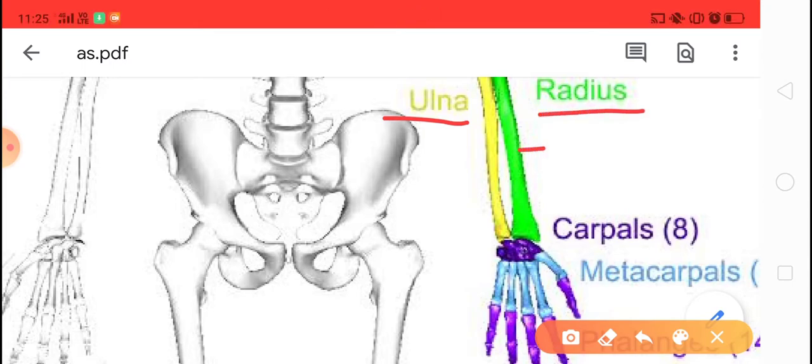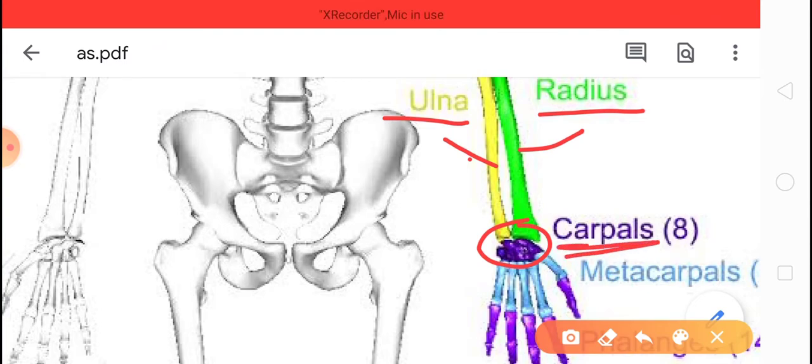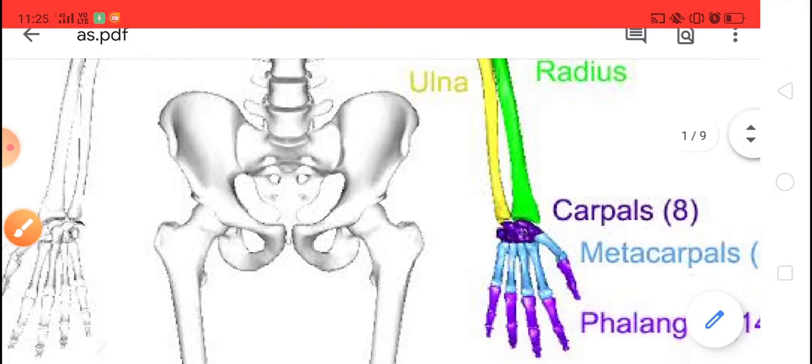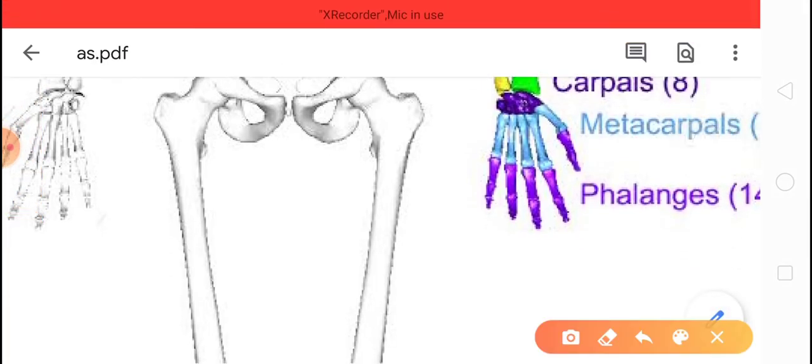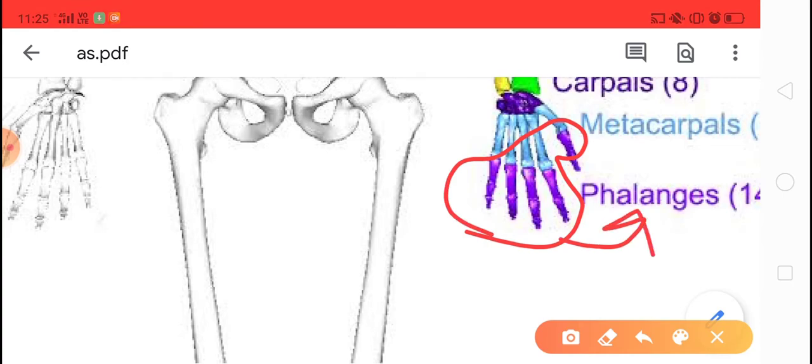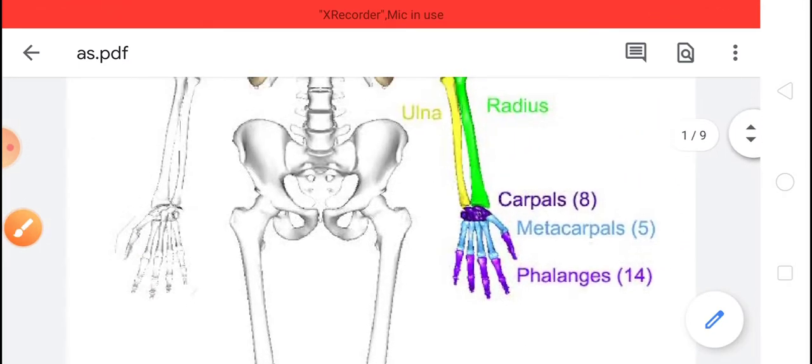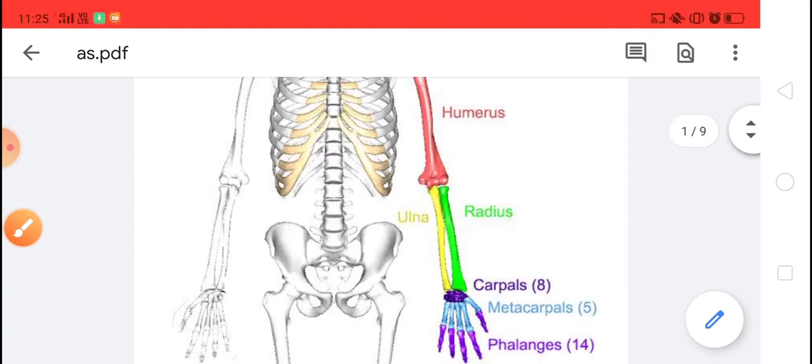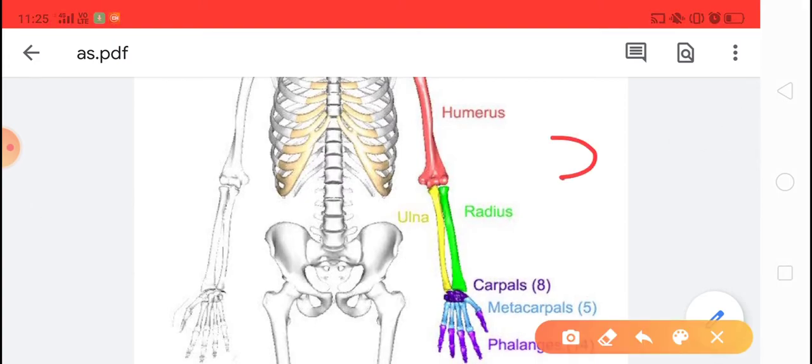This is the radius and this bone is the ulna. Our palm consists of small bones, carpals and metacarpals, and our finger bones are called phalanges. In this way there are a total of 30 bones in our arm.